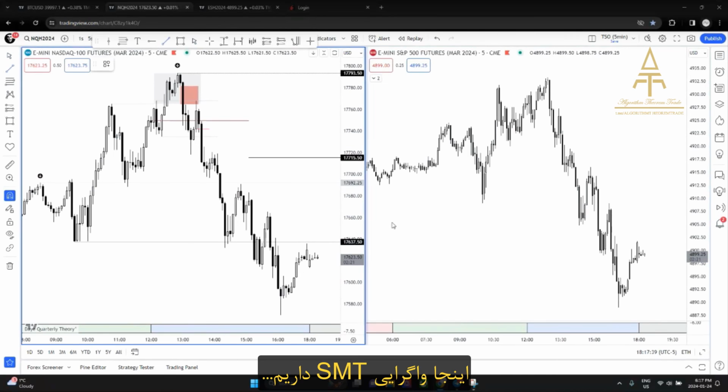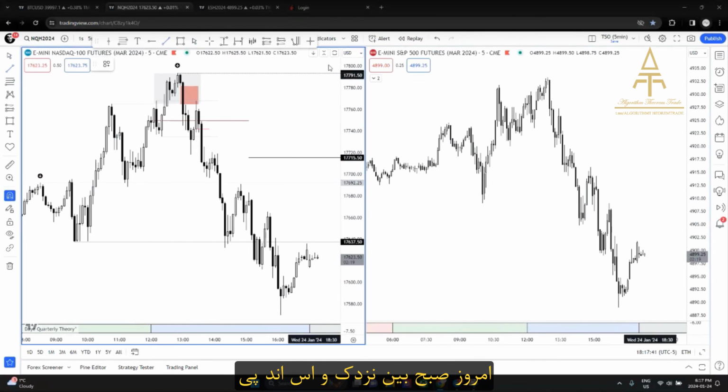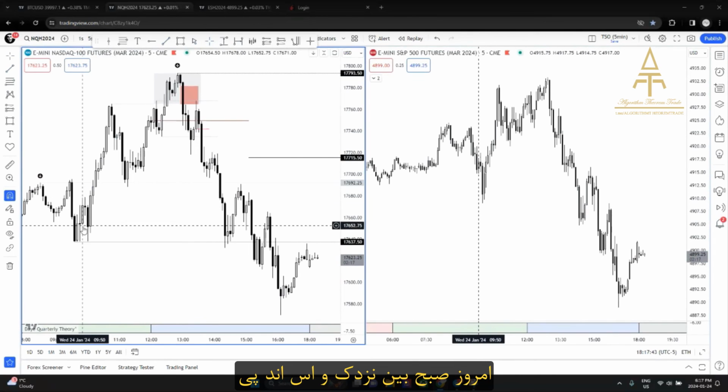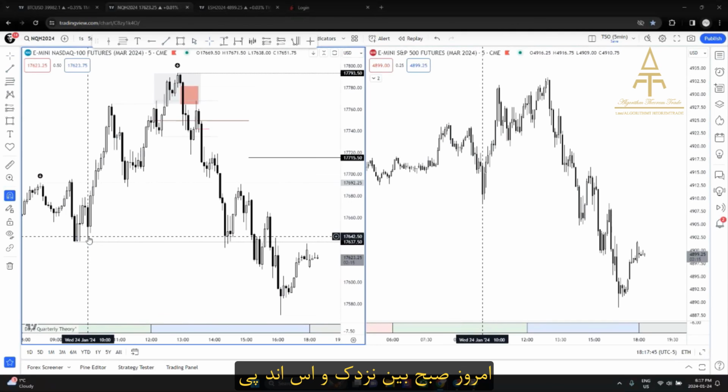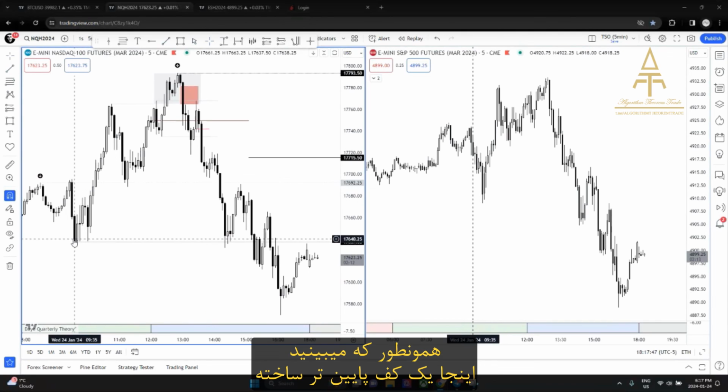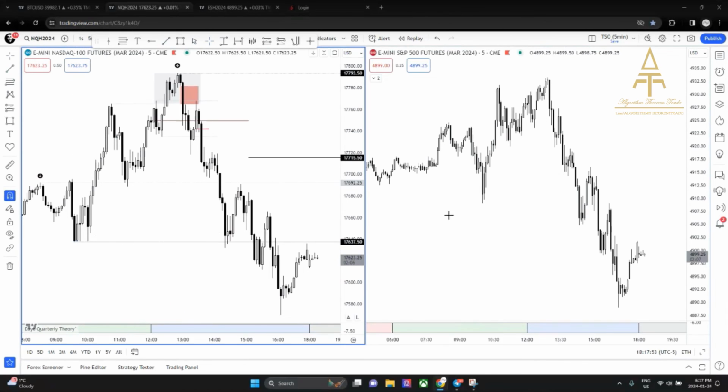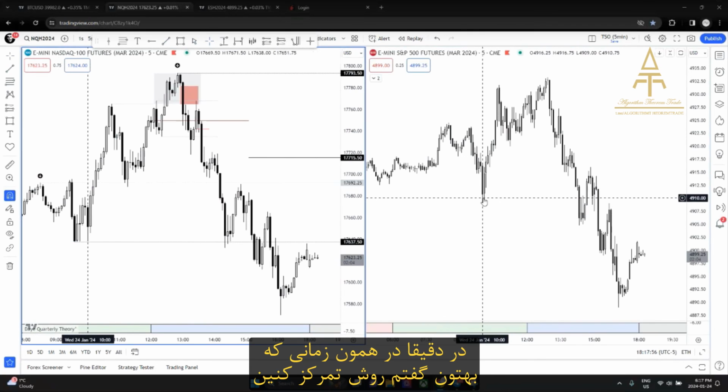We had SMT divergence between NQ and ES this morning. As you can see, this made a lower low here, lower low here, during the time that I told you to focus on.